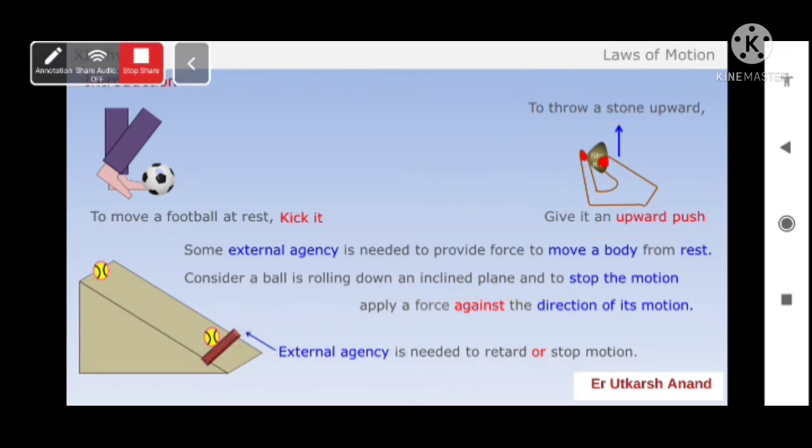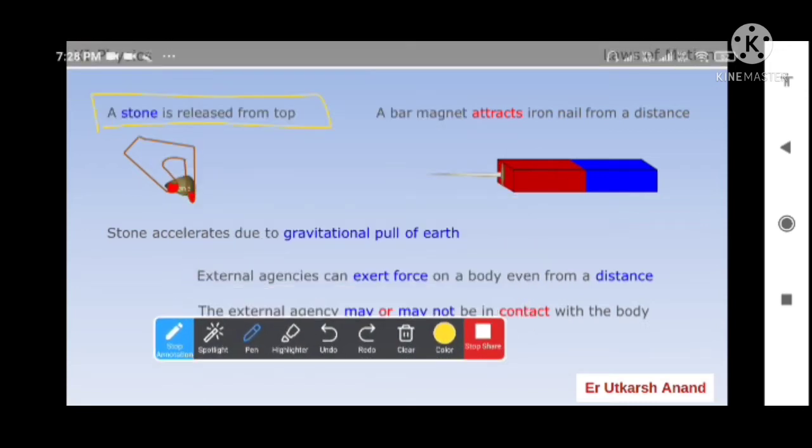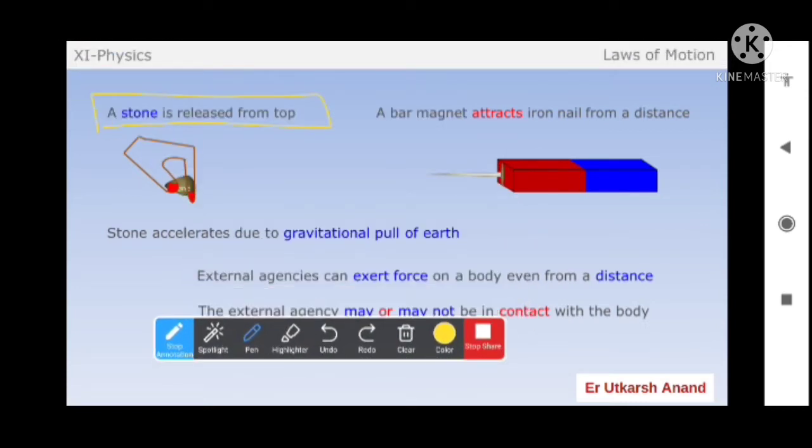Now, let us come to the next slide. Let us think about a situation when the stone is released from the top. Here once again the speed of this stone changes, but it's not you now, it's the gravitational pull of the earth.